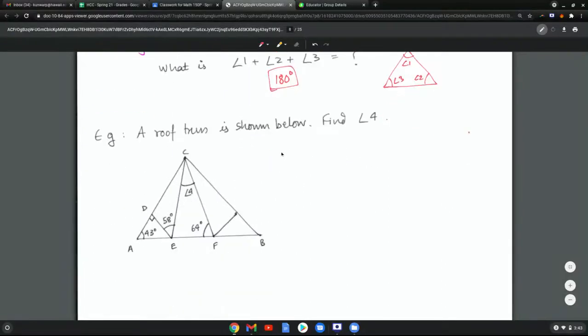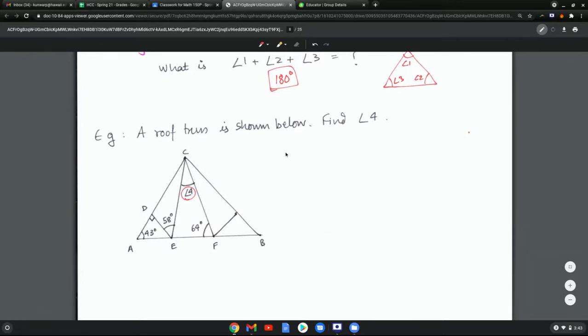Let's look at an example. Here is a cross-section or a simplified diagram of a roof truss, and you're asked to find this missing angle 4. And a bunch of other angles are given. So you may pause the video right now and think about how to approach this.